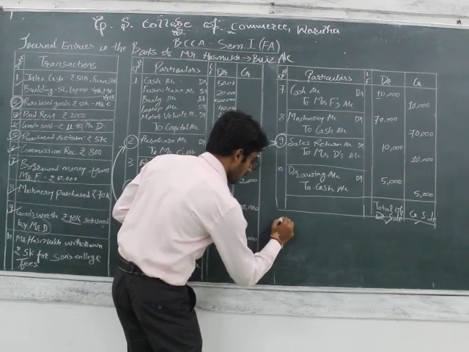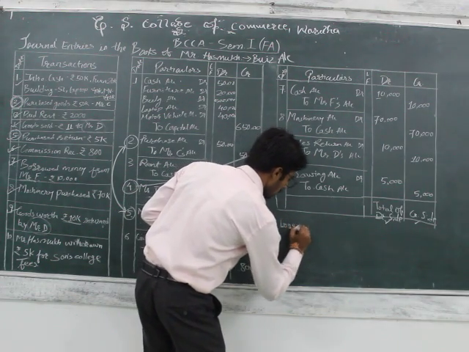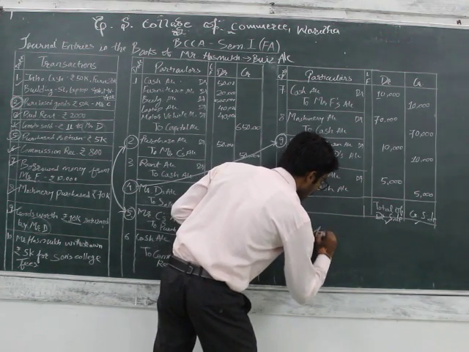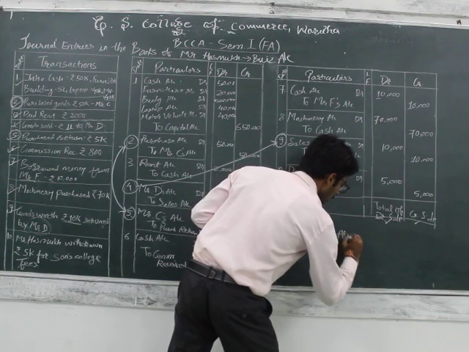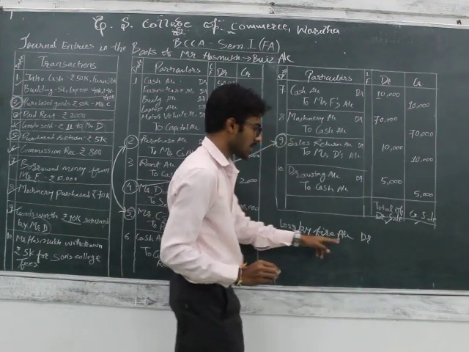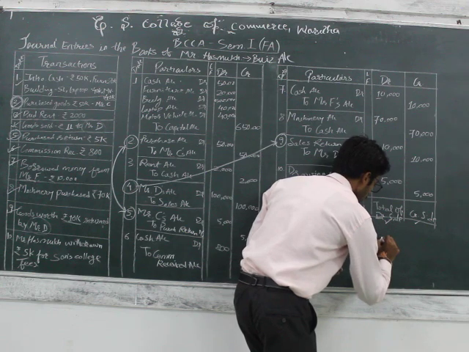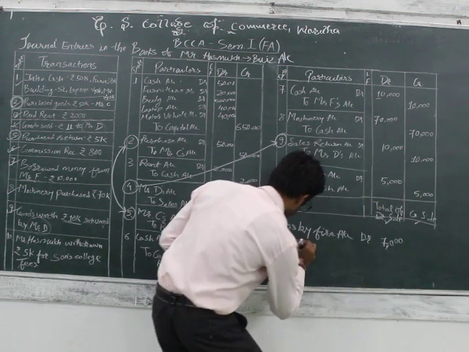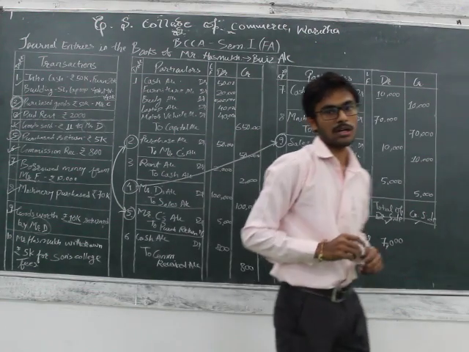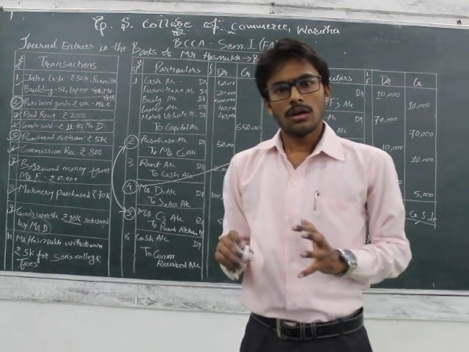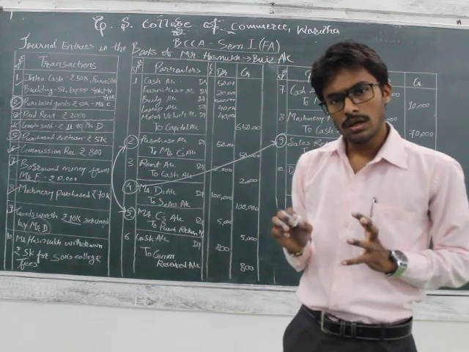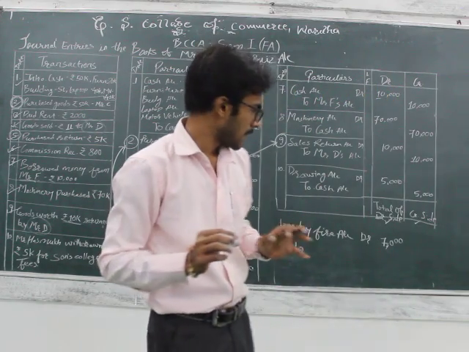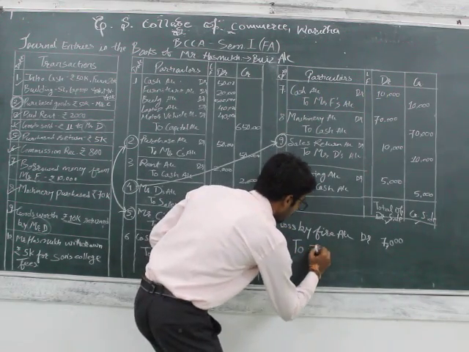We can write here like this: loss by fire account debited. Let's say the amount is rupees 7,000. To what can be credited then? We are going to credit here trading account.